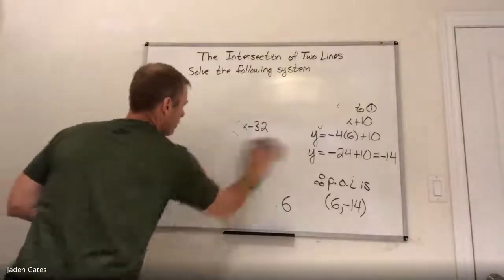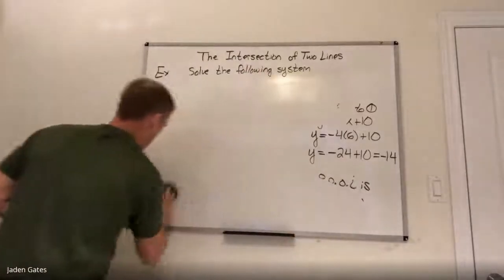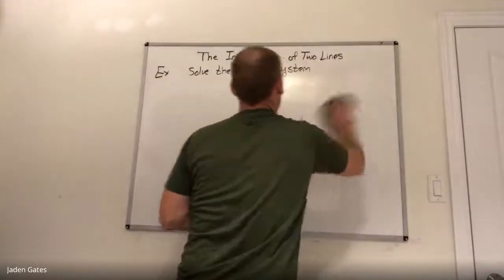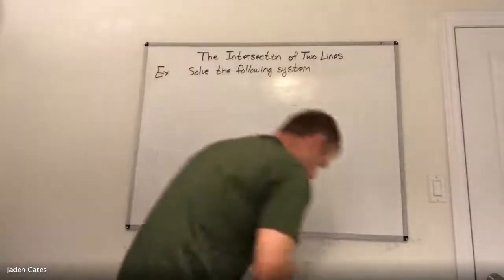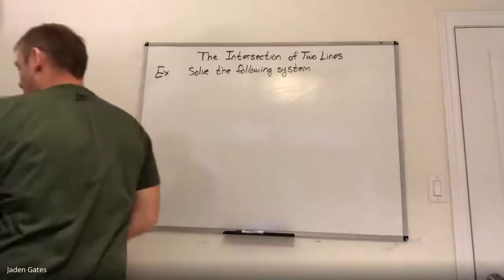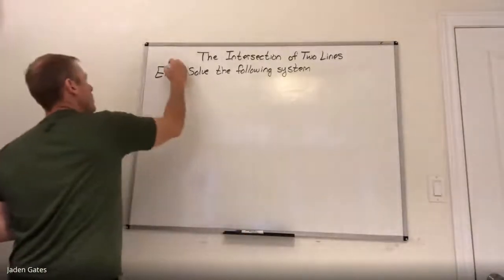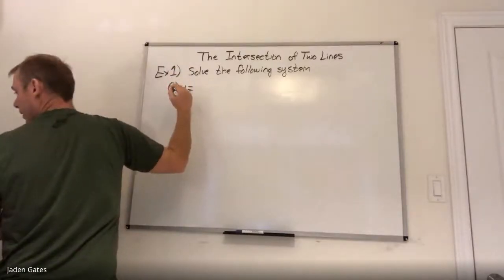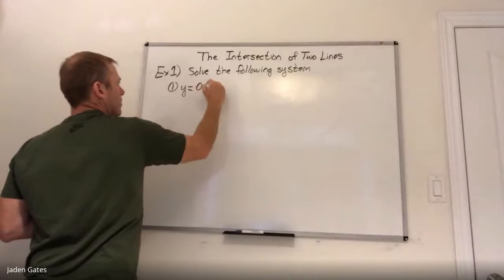Let's go with number 1. On my note, I've got two equations. The first one, example 1 on my sheet, we have y equals 0.5x plus 3.